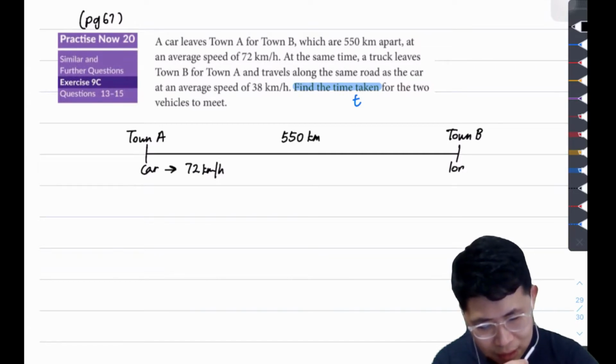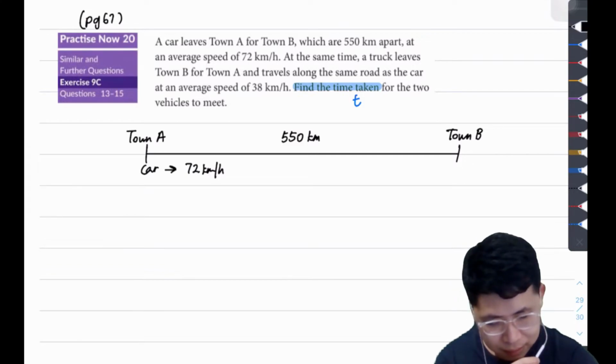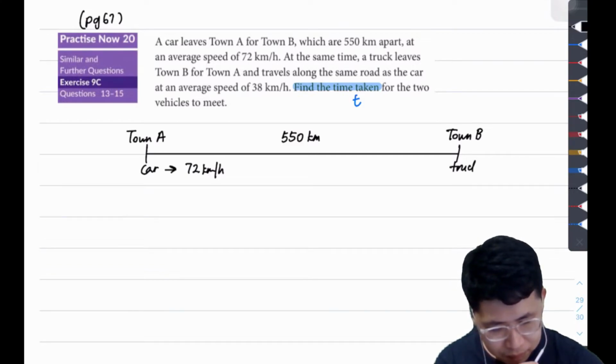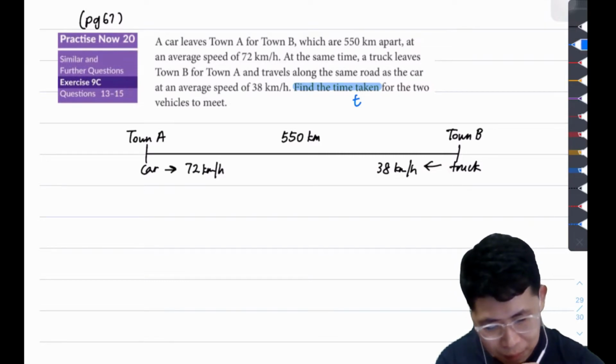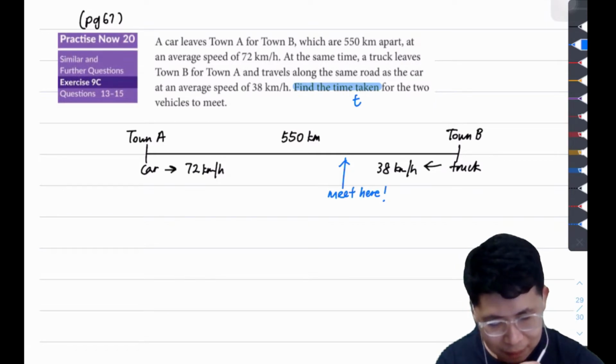And then we have a lorry or truck traveling at 38 kilometers per hour. And they will meet somewhere in the middle. So let's assume that they will meet here.